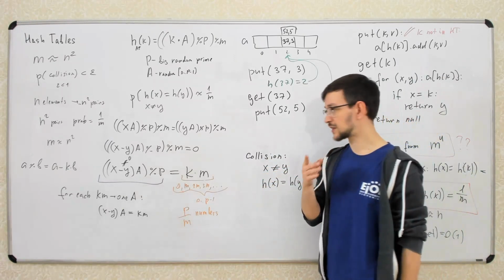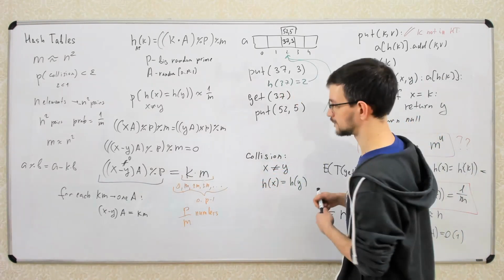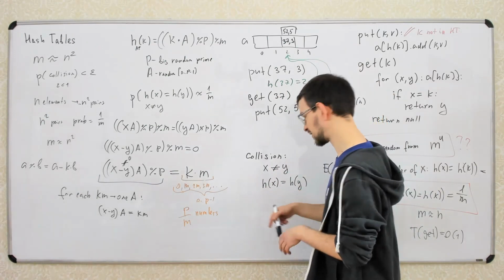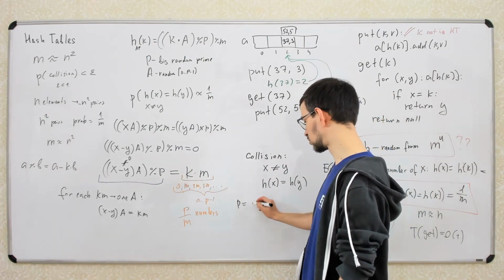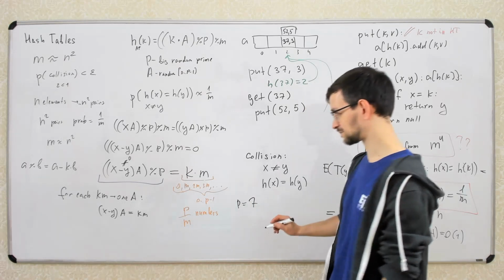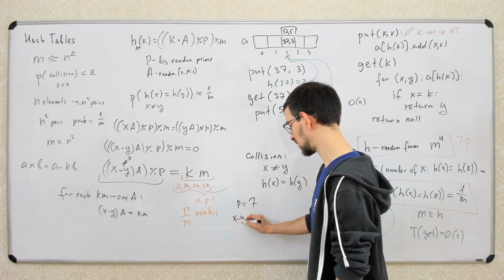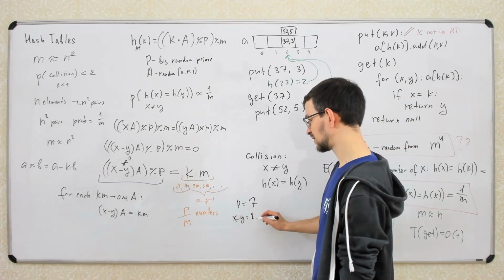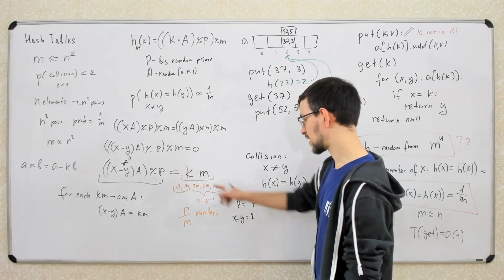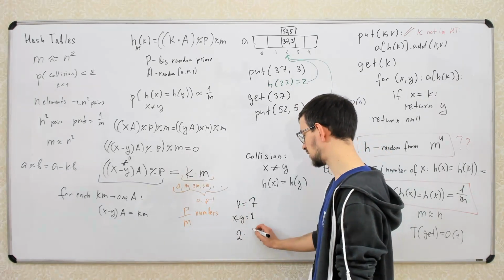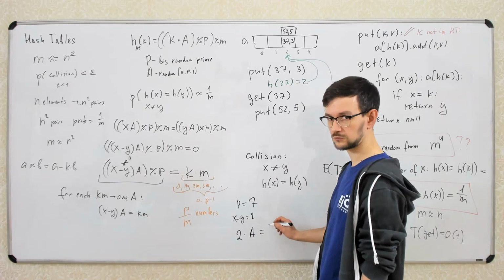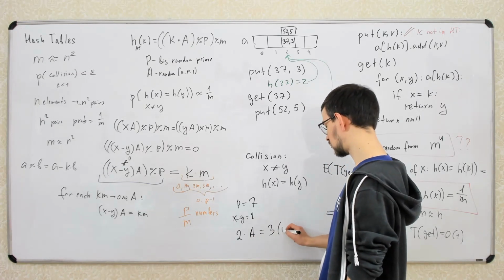What's important is this. For example, if P is equal to, let's say, 5, and x minus y is equal to 2, you have an equation like 2 multiplied by a equal to, let's say, 3 modulo 5.